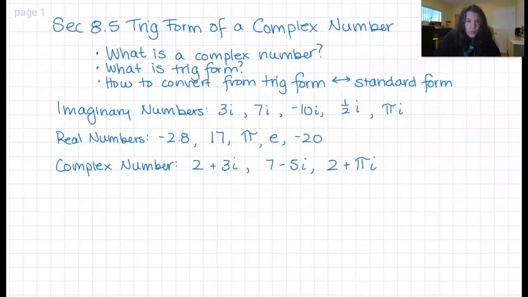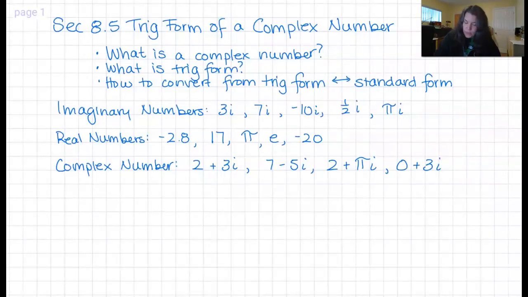Now, it's a little weird because even something like 0 plus 3i is considered complex, because 0 is a real number, 3i is an imaginary number, and we've combined the two together. But we also know when you add anything to 0, it stays the same.